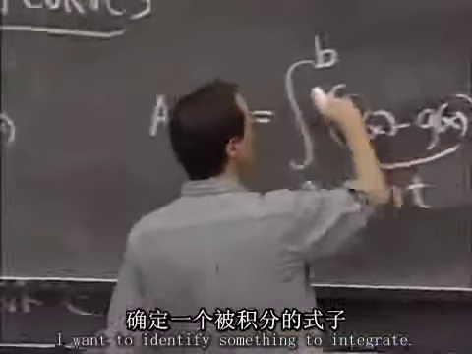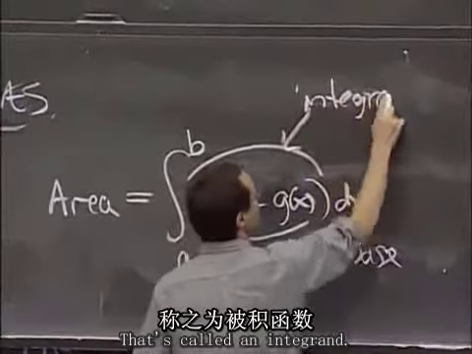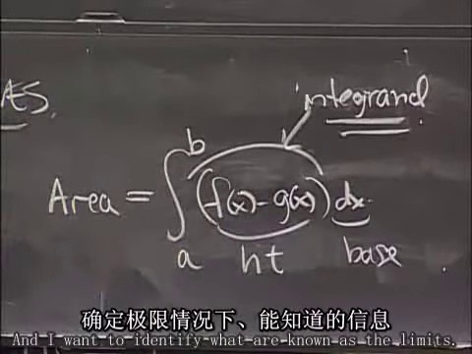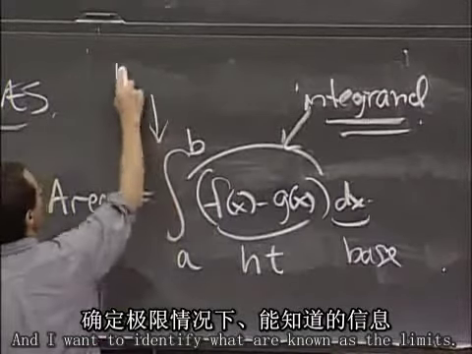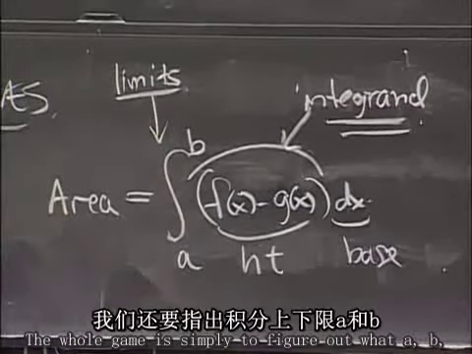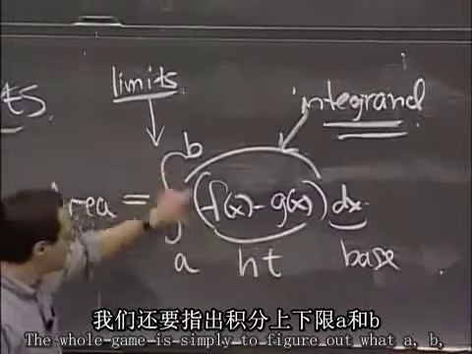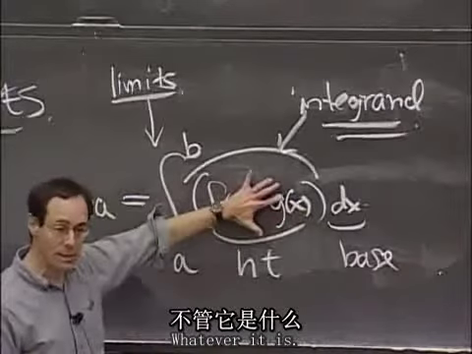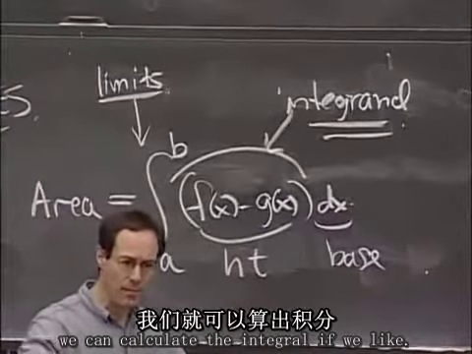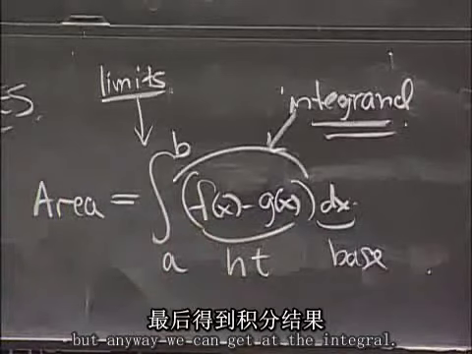I want to identify something to integrate, that's called an integrand, and I want to identify what are known as the limits. The whole game is simply to figure out what A, B, and this quantity is here, whatever it is. And the minute we have that, we can calculate the integral if we like. We have numerical procedures, or maybe analytic procedures, but anyway, we can get at the integral.